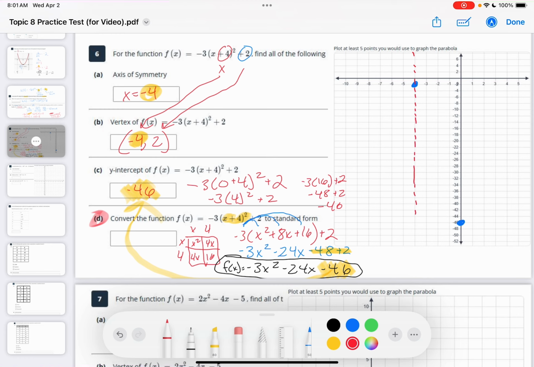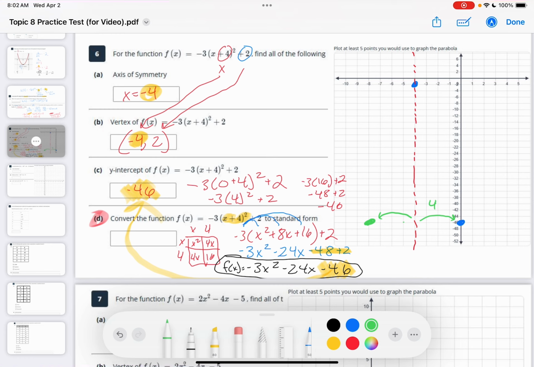And I draw that in because if I know that this point here is 4 to the right, I'm going to go 4 to the left. 1, 2, 3, 4, and use symmetry. So I've got an extra point that I graphed that I didn't even have to do anything for. I just used symmetry.